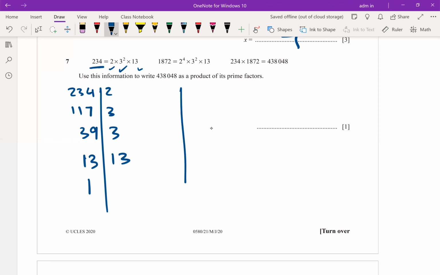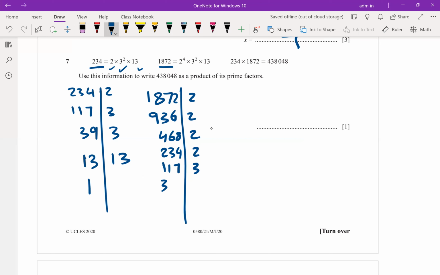By the same way, how to write 1872? Start, please, divided by 2. What is the answer? 936 divided by 2, 468 divided by 2, 234 divided by 2, 117 divided by 3, 39 divided by 3, 13 divided by 13 is 1.